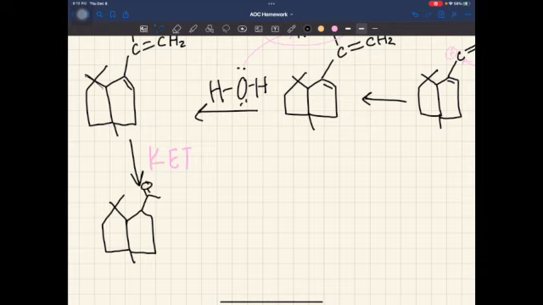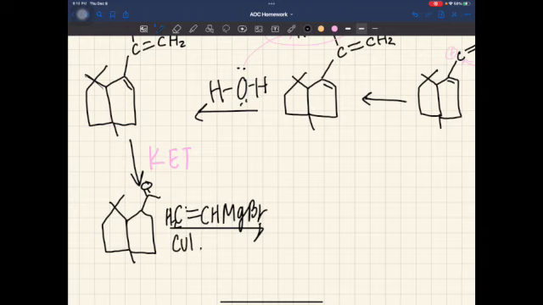And from here, what happens is similar to what happened previously. We're using a Grignard reagent, CH2=CH, so it's just vinyl magnesium bromide, copper iodide, and they use tetrahydrofuran. And the temperature for this was negative 78 degrees Celsius.